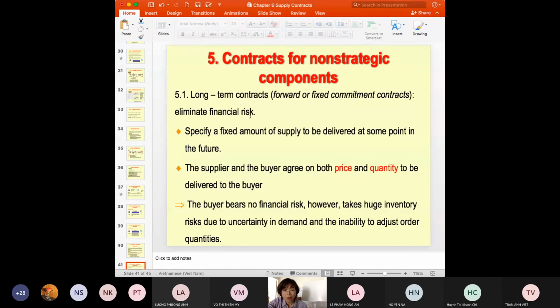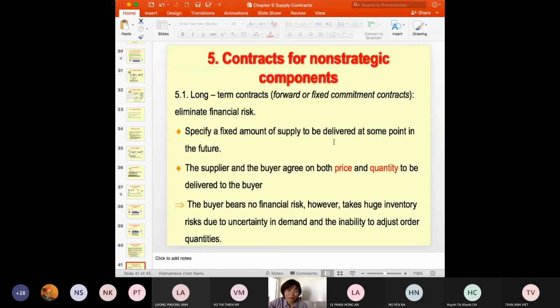The supplier and buyer agree on both price and quantity to be delivered. We fix the price and the quantity at that time, but it is used for the future. The buyer bears no financial risk. However, the buyer takes a huge inventory risk due to uncertain demand and inability to adjust order quantity.